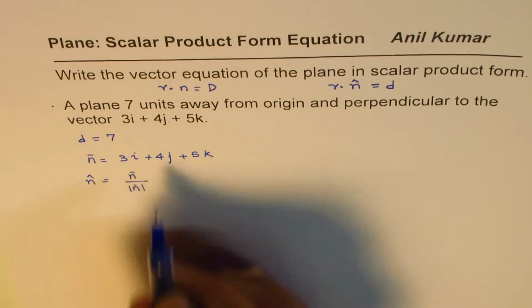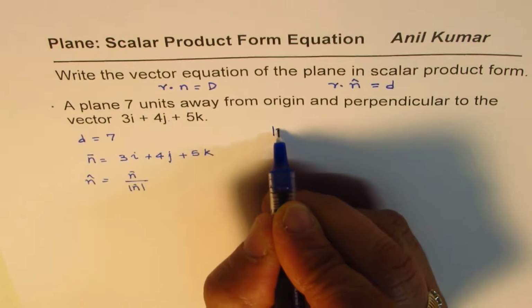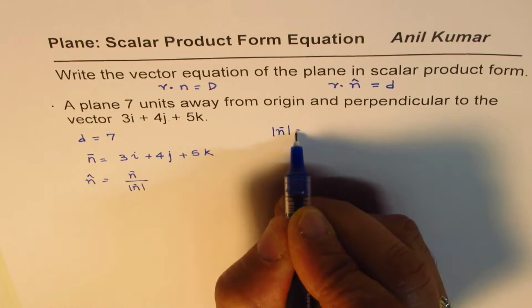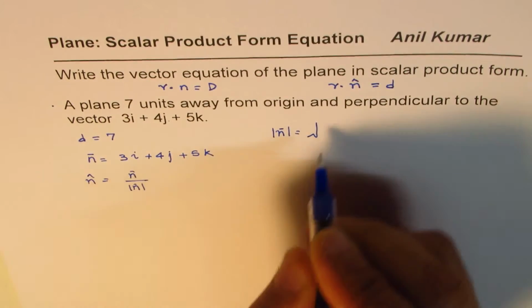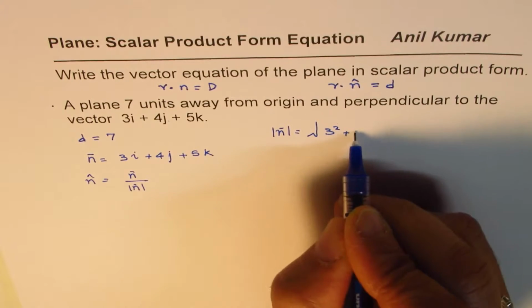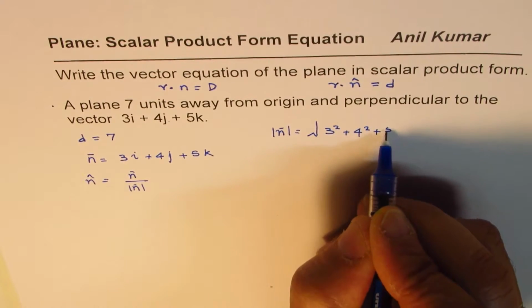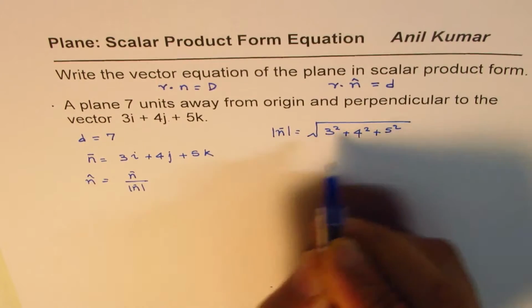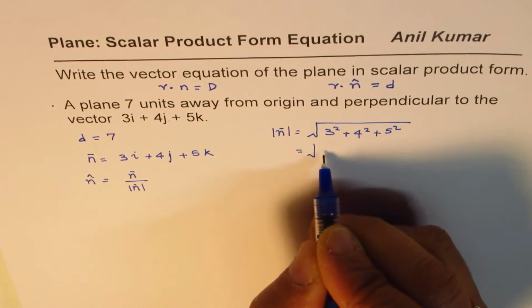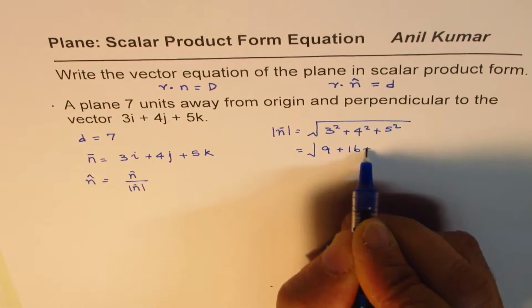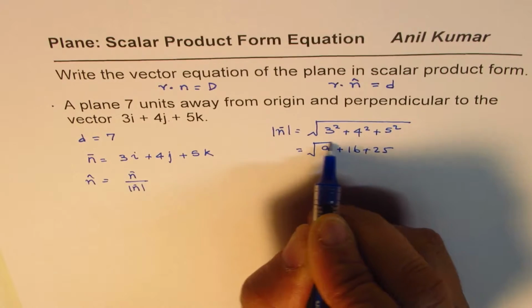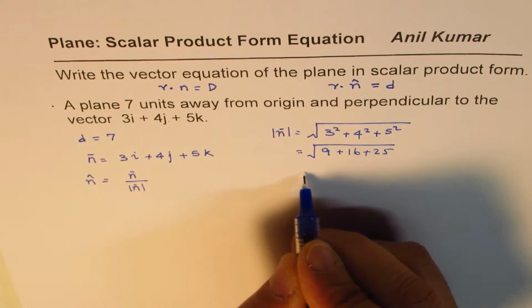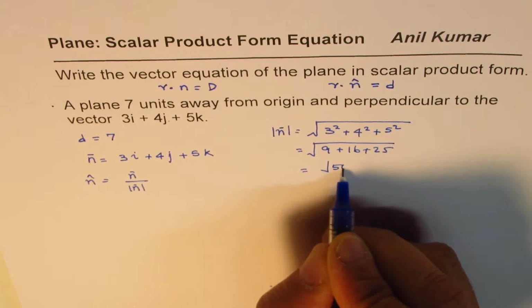So let's find the magnitude of this. The magnitude of the given normal is the square root of 3 squared plus 4 squared plus 5 squared, which equals the square root of 9 plus 16 plus 25, which equals the square root of 50, right?